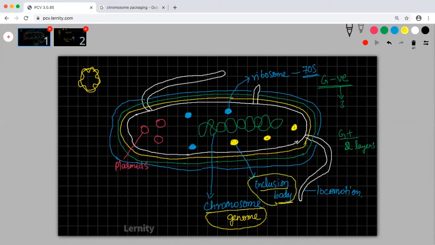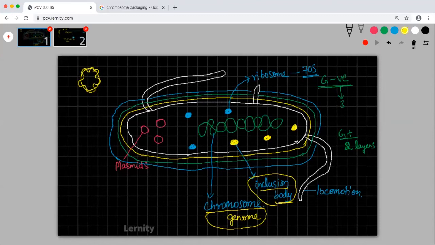These inclusion bodies perform multiple roles. Different types of inclusion bodies are there, performing different kinds of roles. Something will act as an energy provider, taking the role of mitochondria. Something will act as a defense mechanism. Something will store substances, taking the place of vacuoles.